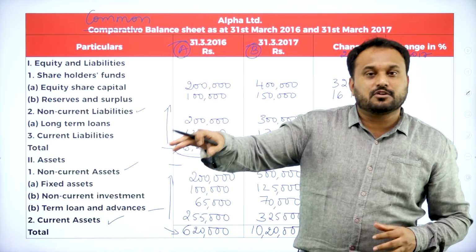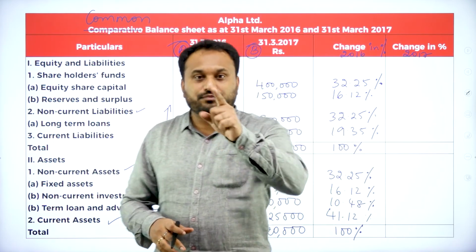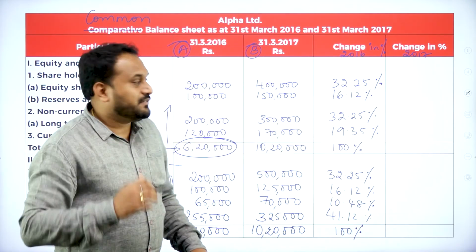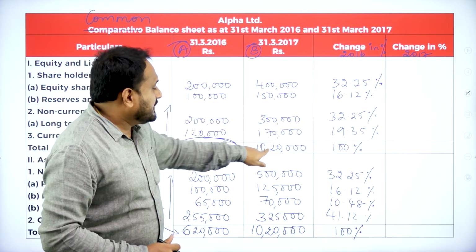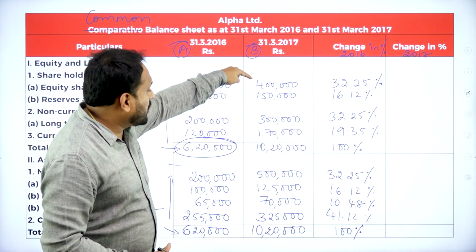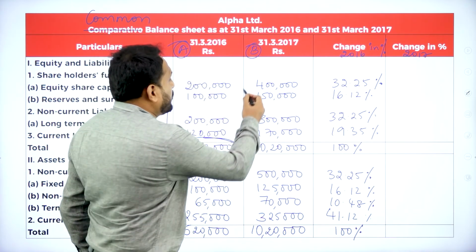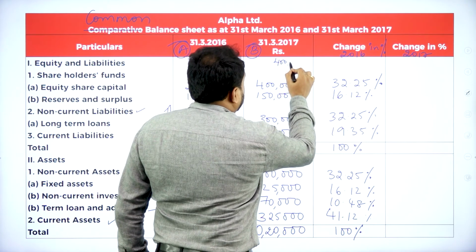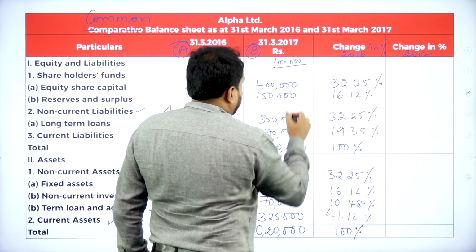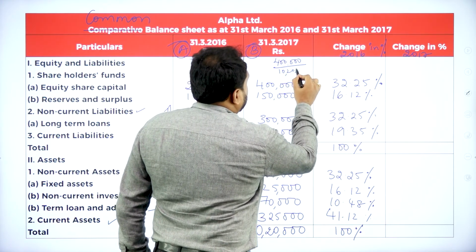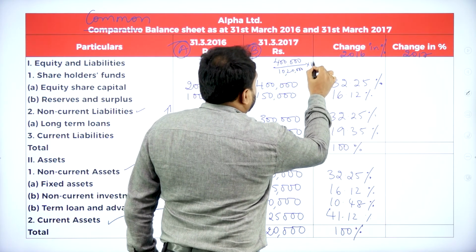Comparative I told you, common size also I have told you. A homework for you: how to find the change in 2017. Let me give you a hint. The base is 10,20,000, so put this in the denominator. So it is 4 lakh divided by 10,20,000 into 100.